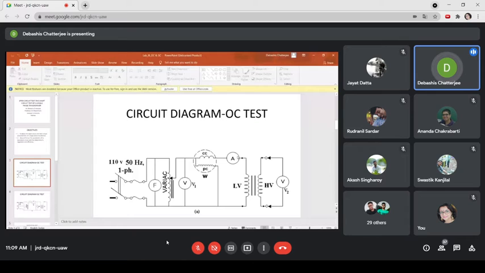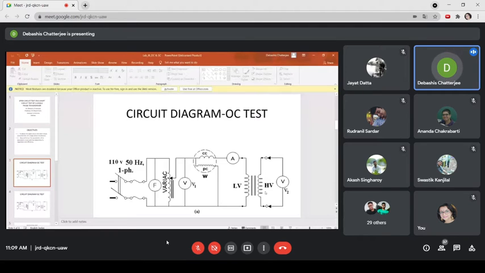Now look at the voltmeter. If it is 500 volt, we have to get a 500 volt supply on the high voltage side, right? We have to give rated voltage. Sometimes, to get saturation characteristics, we have to go to around 125% of rated voltage.